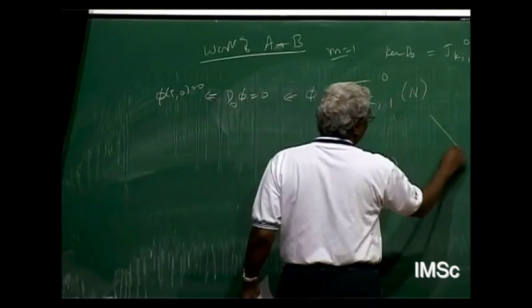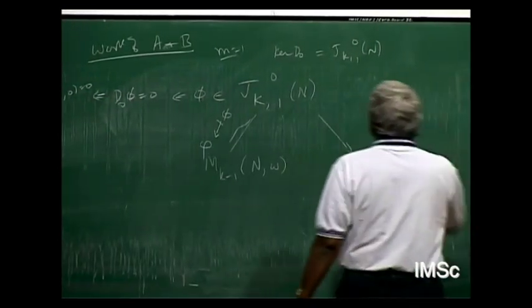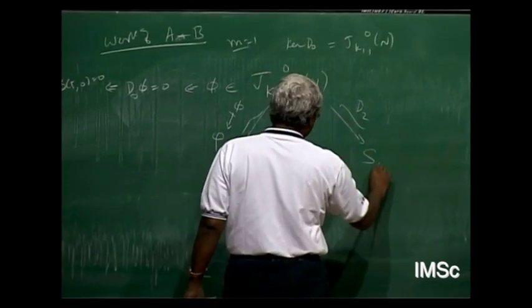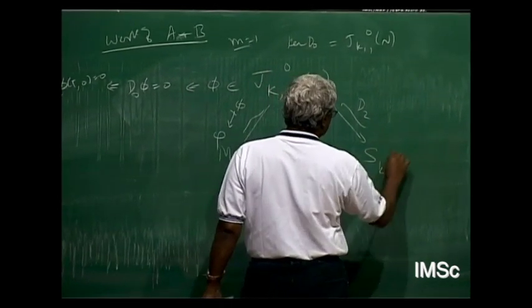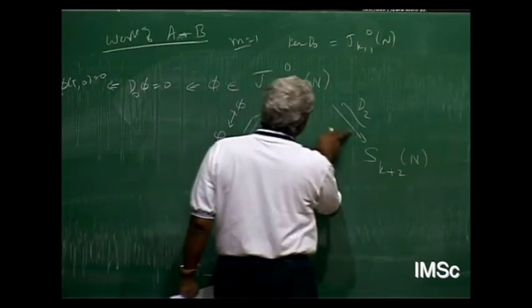They also applied the next differential operator D2 on this, and then got an isomorphism to S_{k+2}(N). This will be a subspace of this because you are mapping from the kernel.